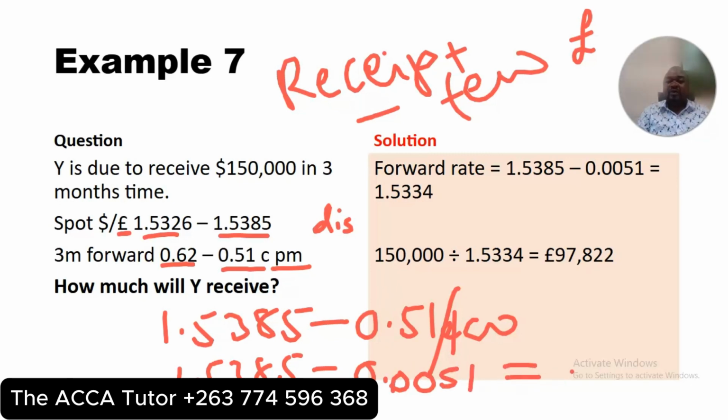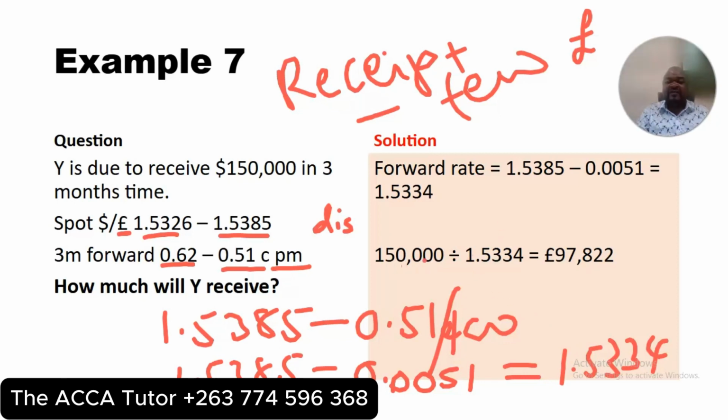So this will give us the ultimate rate of how much? 1.5385 minus 0.0051. This comes to 1.5334.